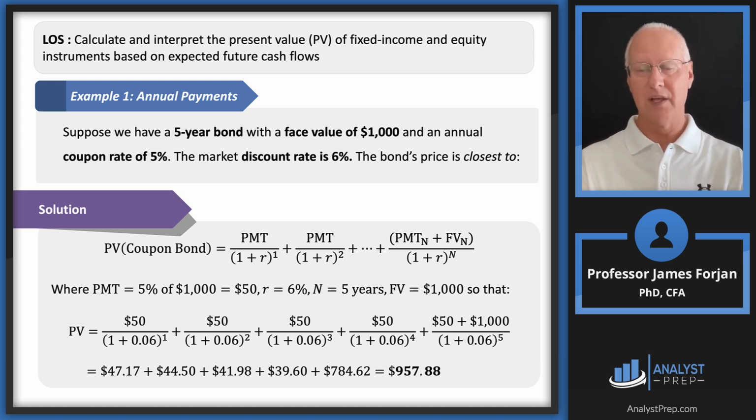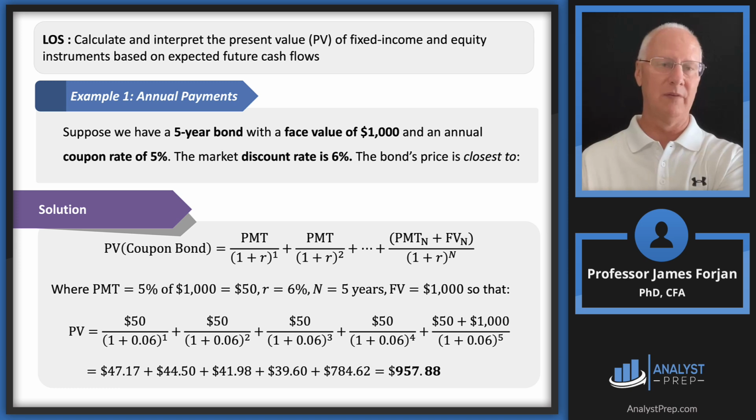If it doesn't, you can assume one or the other, and then in your multiple choices you'll know that if the price is $98, the future value was 100. If the price is $980, the future value was 1,000. So don't be upset if the Institute doesn't give you that face value. It's either going to be 1,000 or $100.